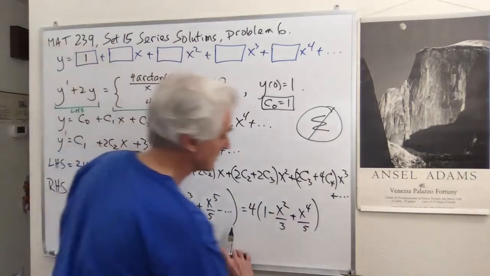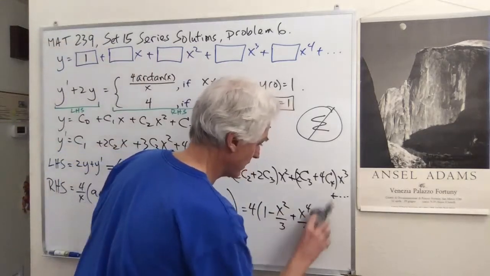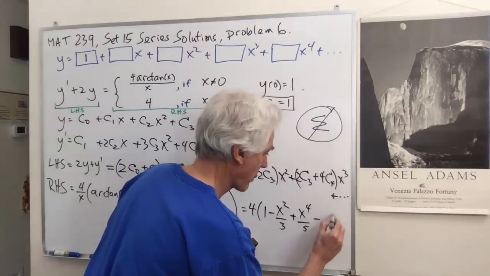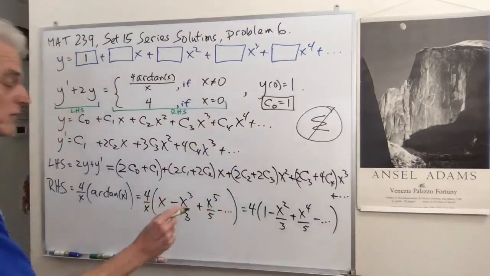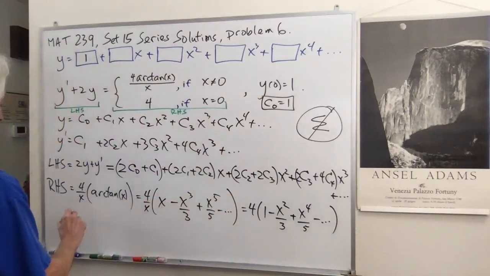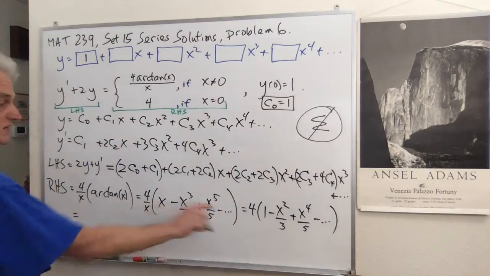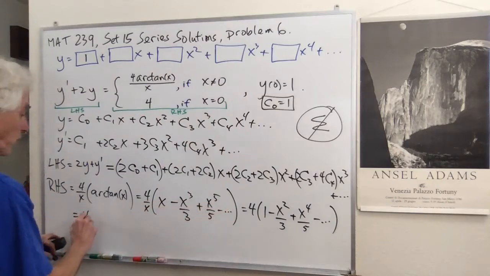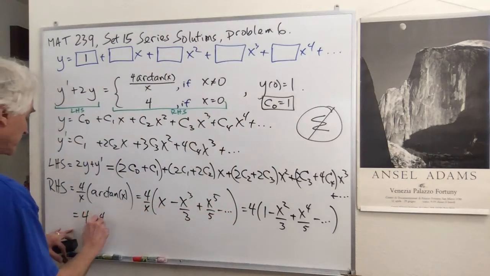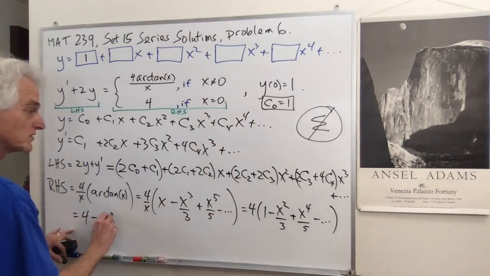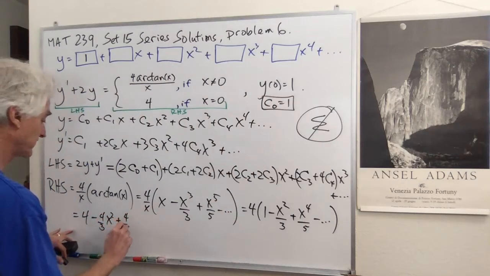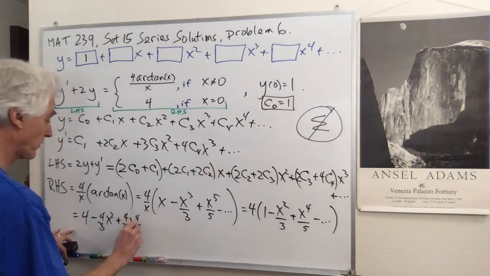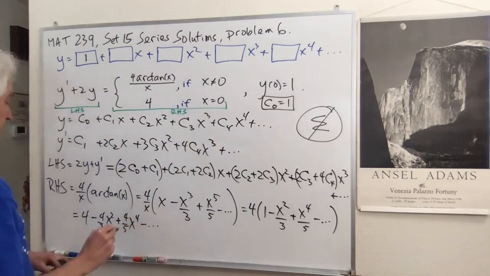Oops, plus dot dot dot, or I guess I could say minus dot dot dot. All right, that's the series. So when I multiply through by 4, the right-hand side is actually 4 minus 4/3 x squared plus 4/5 x to the 4th minus dot dot dot.